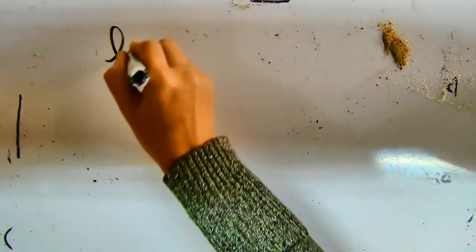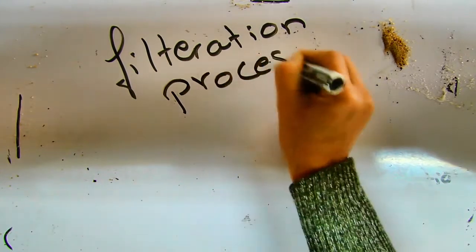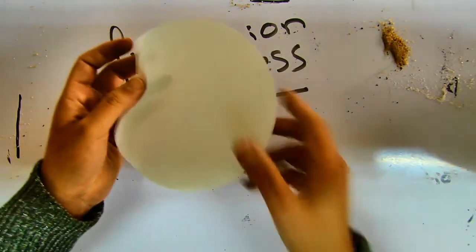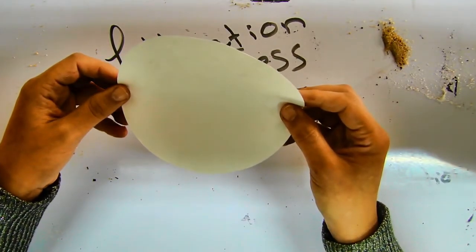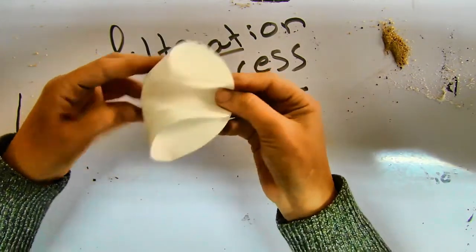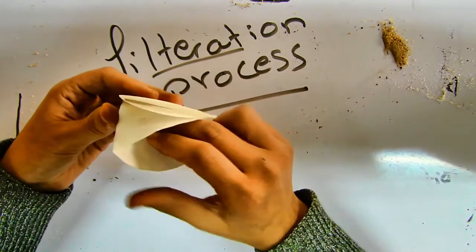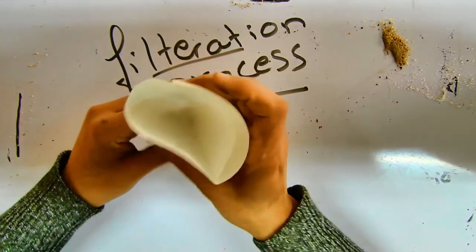Okay. Number two, filtration process. We use something called filter paper. This is the filter paper. We use it to filter a mixture like sand and water. We mix water with the sand and put the sand and the water inside here.